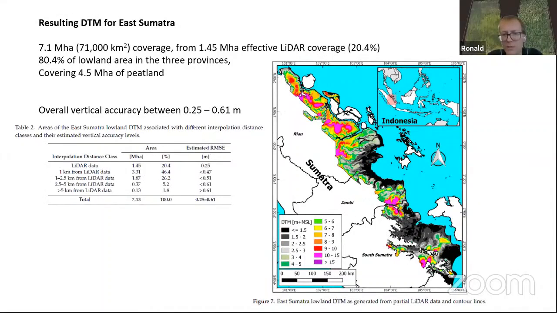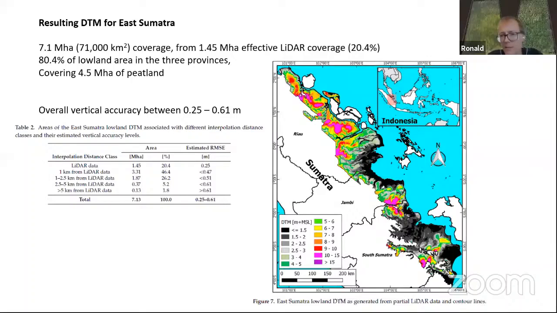But what you see here on this map is the resulting elevation model, which covers about 71,000 square kilometers. Only 20% of this area has been covered by LIDAR data, and the rest through interpretation of the LIDAR data and through manual interpolation.